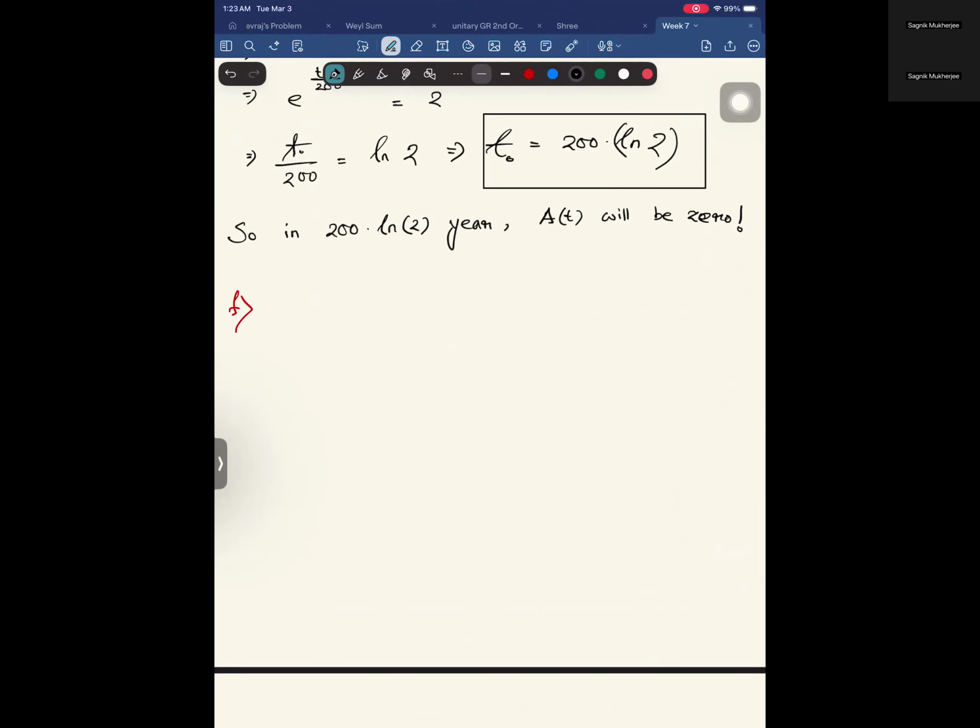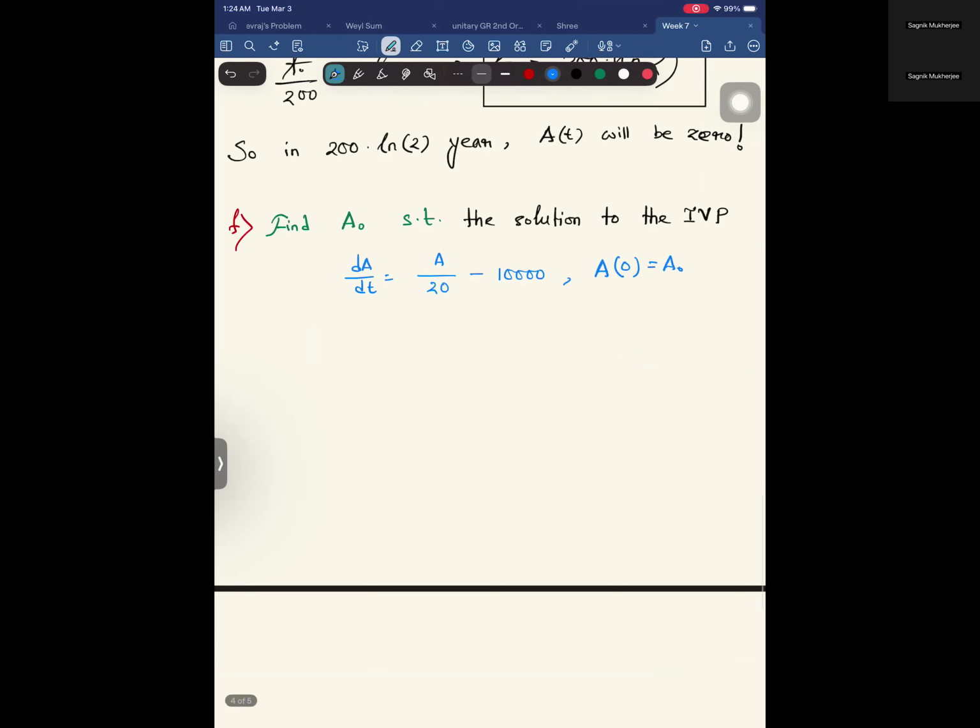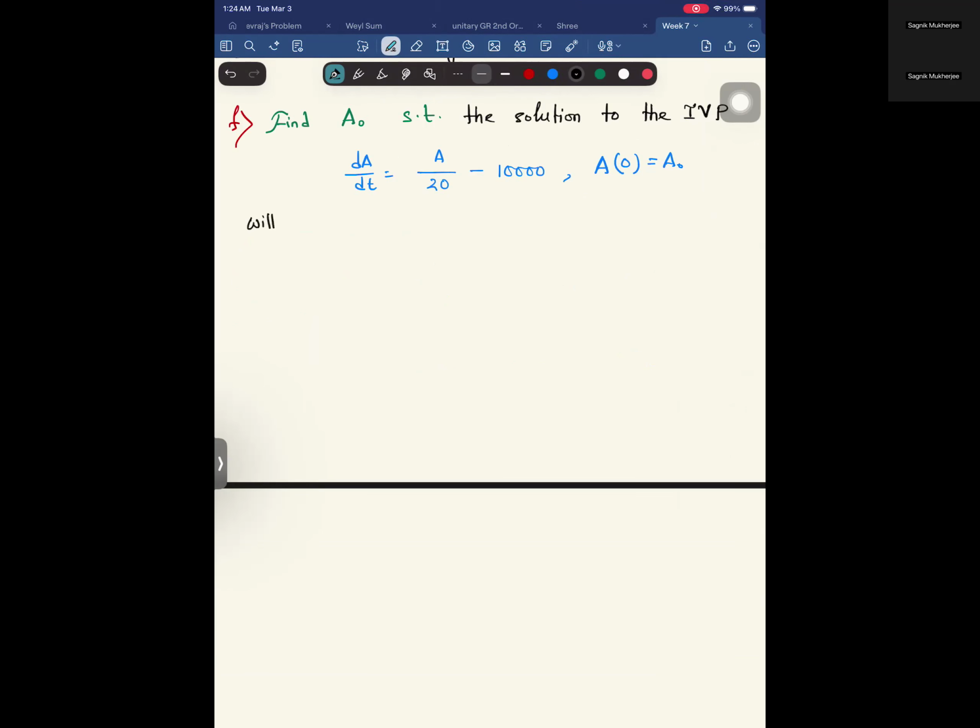So they're saying find A0 such that the solution to the initial value problem, dA/dt, I mean this above initial value problem that we just saw, with initial value equal to A0 will never become 0, right?